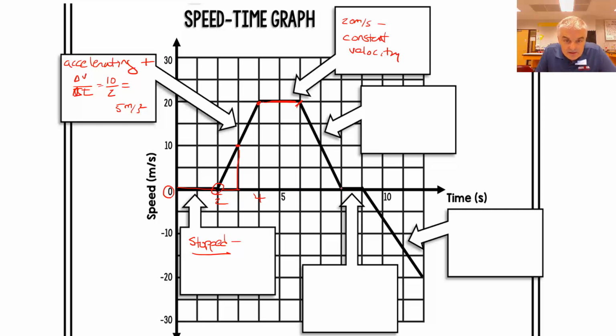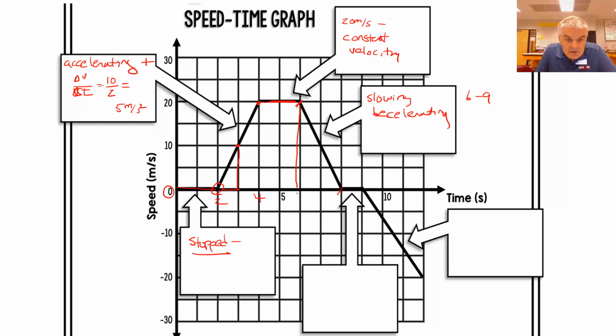From 6 seconds to 9. So this is from 6 to 9 seconds. What he's doing is now he is slowing down. So we'd say decelerating because his slope, right, is negative. It's the same one here. I think it is.